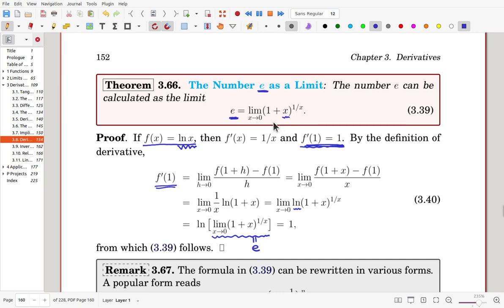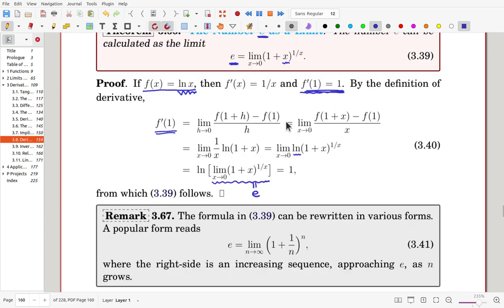So we try to use x smaller, smaller, smaller, and with that, the 1 over x power, the value is approaching e. This formula can be written in another way.